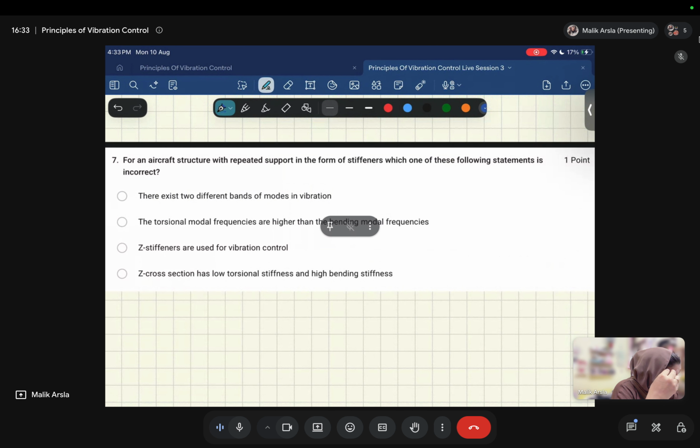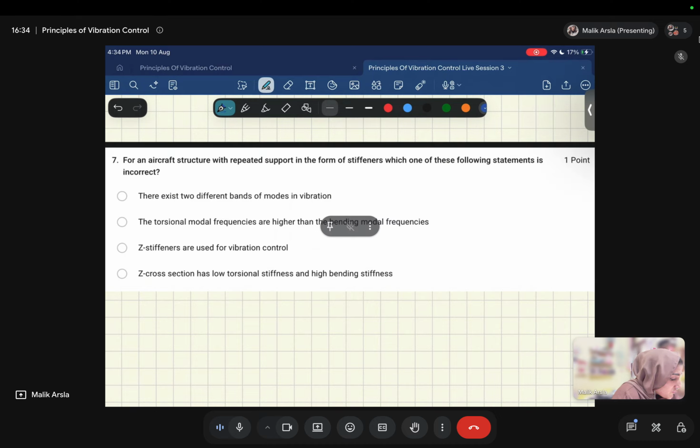Okay, so now question number 7 is a theoretical question. For an aircraft structure with repeated support in form of stiffeners, which one of the following statements is incorrect? In case of aircrafts, we are using basically structures known as stiffeners in order to control the vibrations.